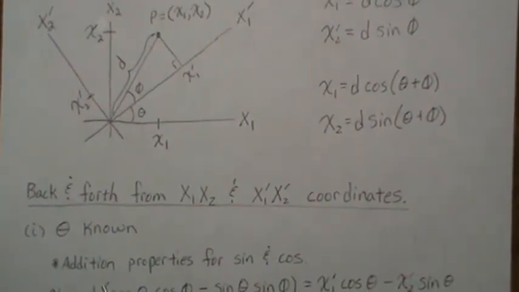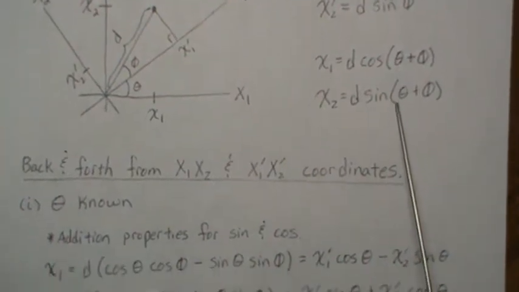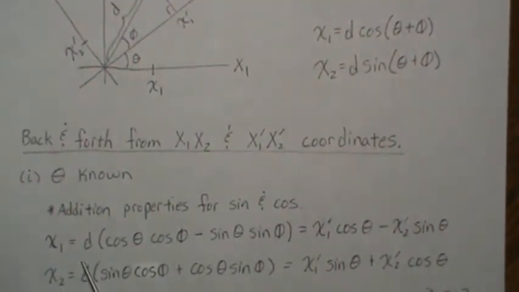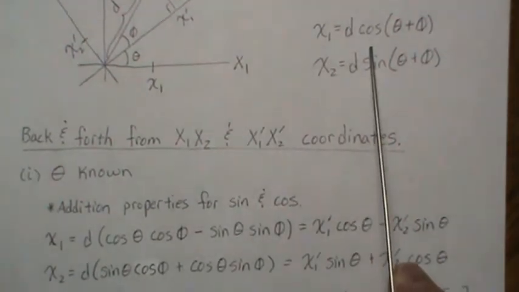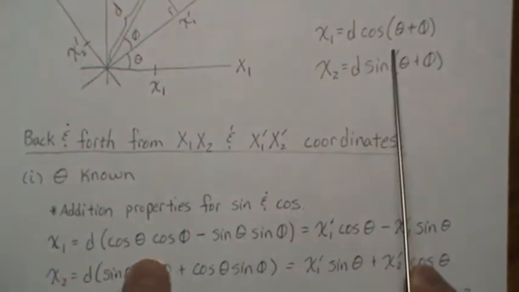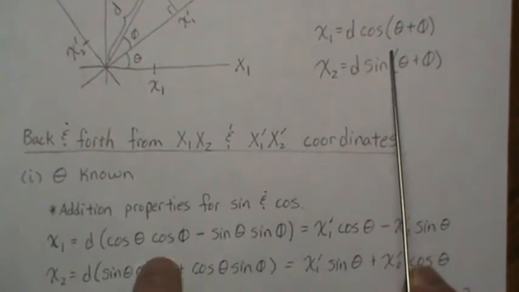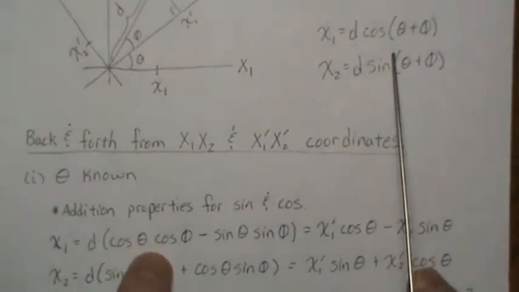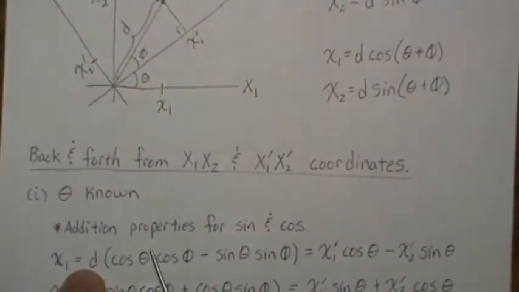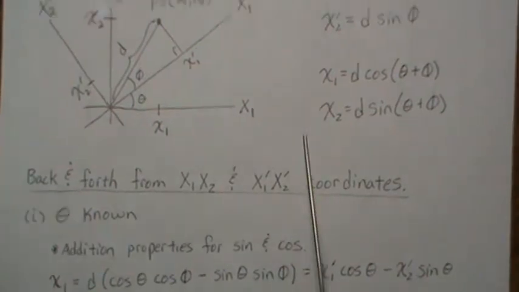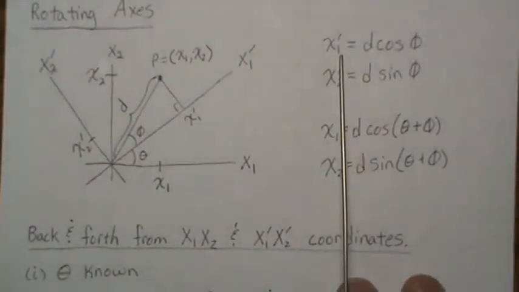Okay, and then we're going to use the addition properties for sine and cosine on these. And that's what this is. So x1 is d times the cosine property. And then if you multiply d in here, d times cosine of phi is x1 prime.